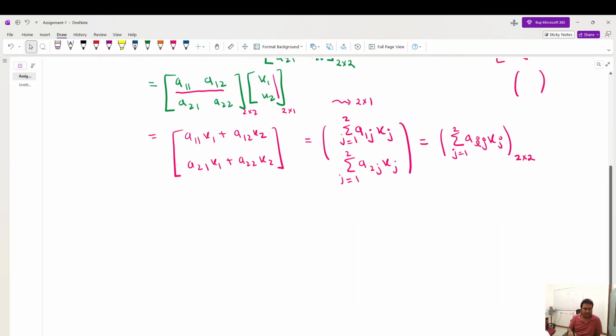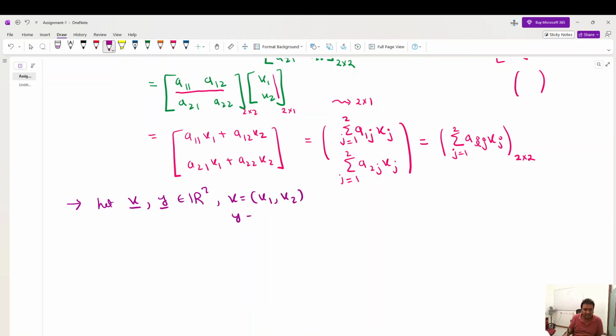Okay, so now let us begin. Let us assume, not the upper one, this notation of bar I usually don't use. So they belong to R2. We have written x = (x1, x2), and y will be (y1, y2). Please forgive me if I forget to write these underbars.